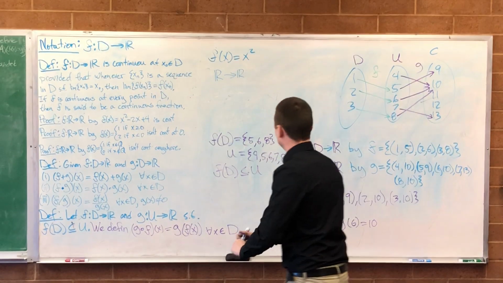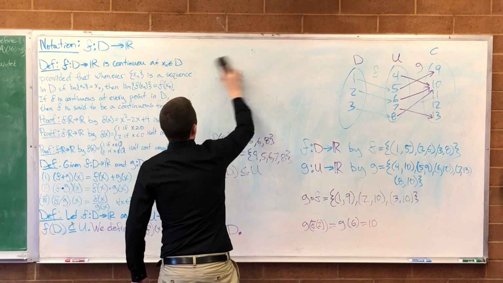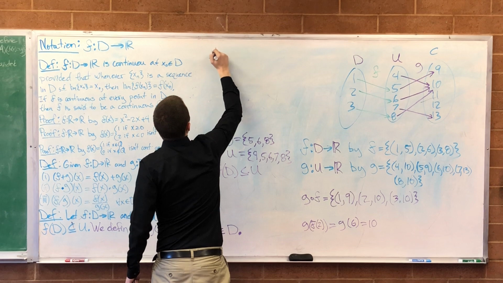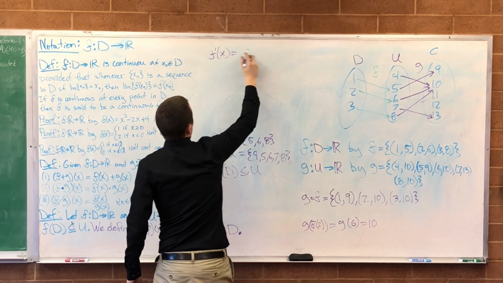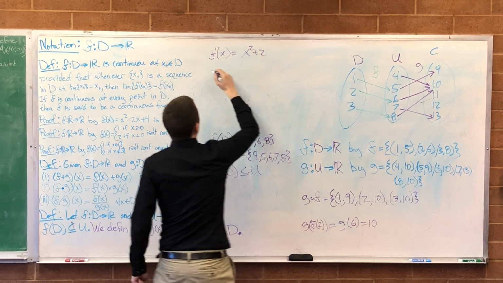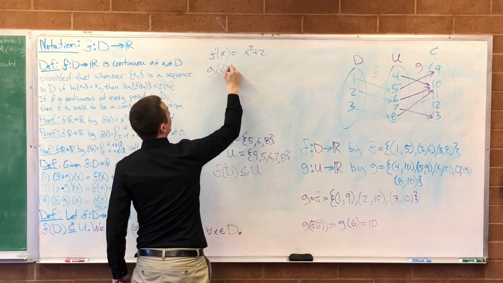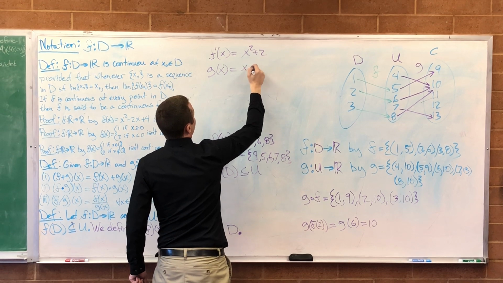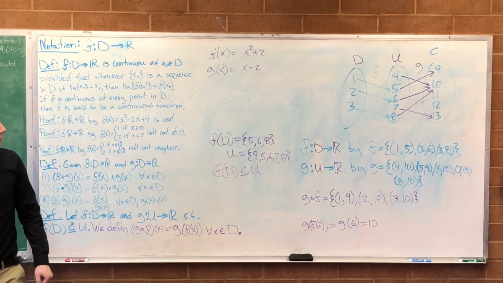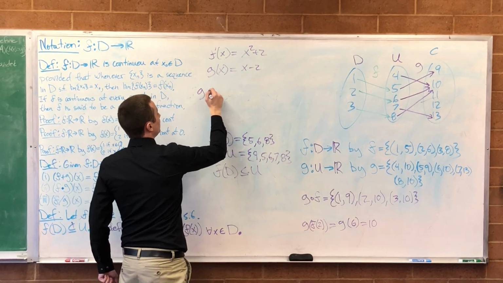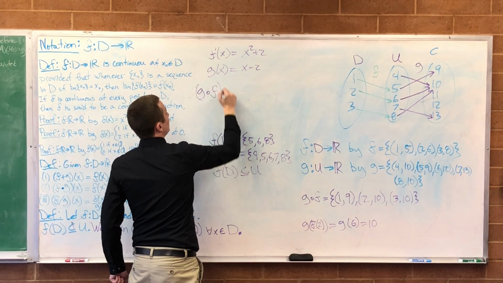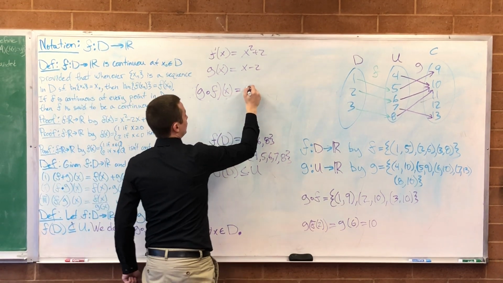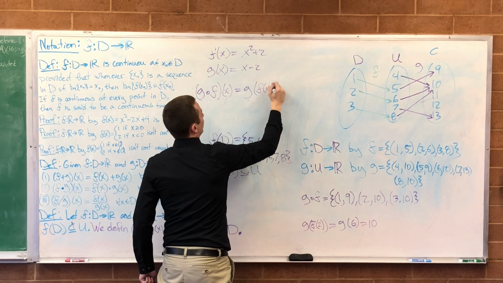Let's do function composition one more time with the types of functions that we're used to. Let's say that f of x is equal to x squared plus 2, and let's say that g of x is equal to, I don't know, x minus 2. So G composed with F of x is the same thing as G of F of x.